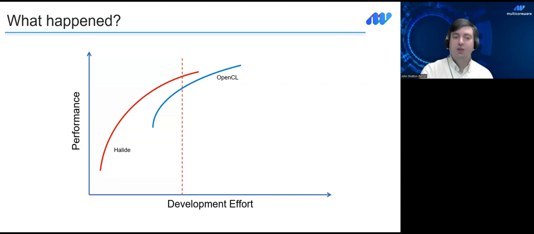Obviously, that's impossible. But because the performance that you could get for a certain amount of development effort was improved, a reasonable amount of development effort actually got you better performance than a reasonable amount of development effort in an alternative, lower productivity, but higher peak performance environment.